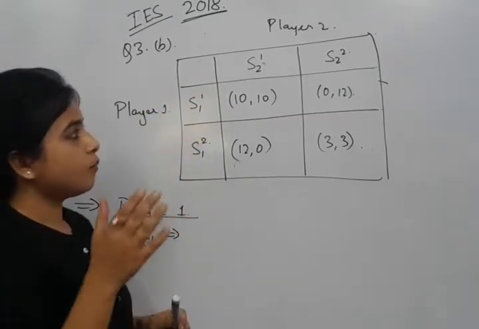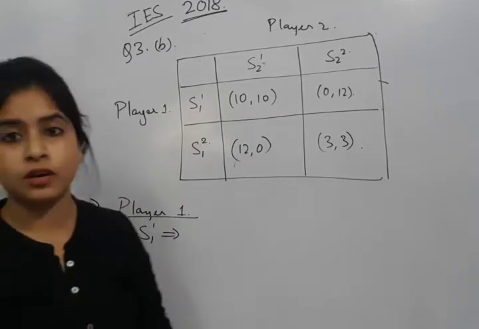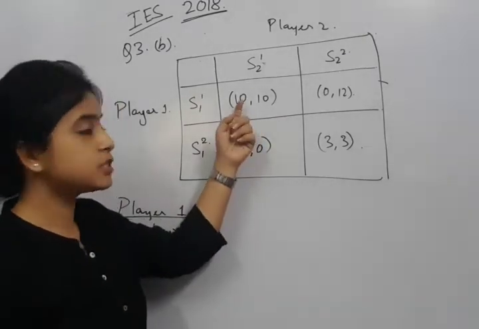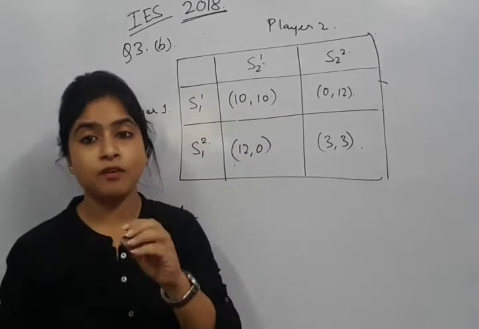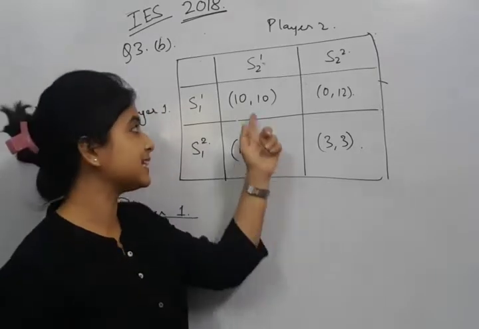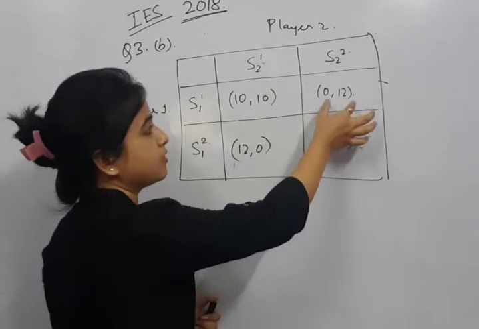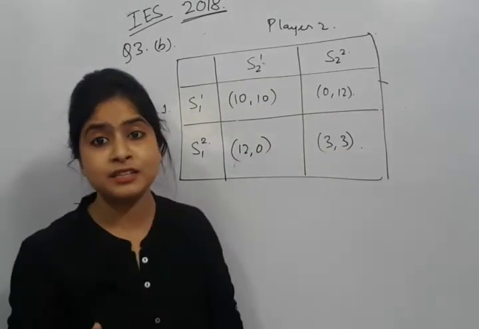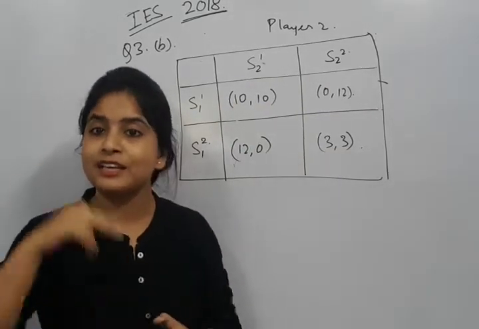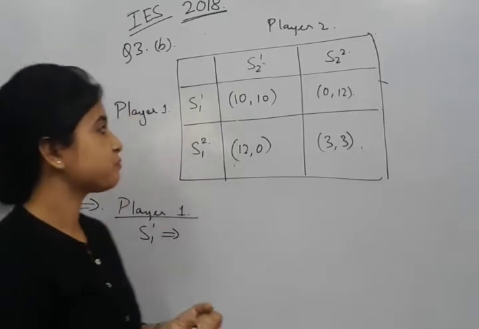One more important thing we have to take into account is that the first payoff represents the payoff of the first player, and the second one, that is here it is 10 and over here it is 12, represents the payoff for the second player.